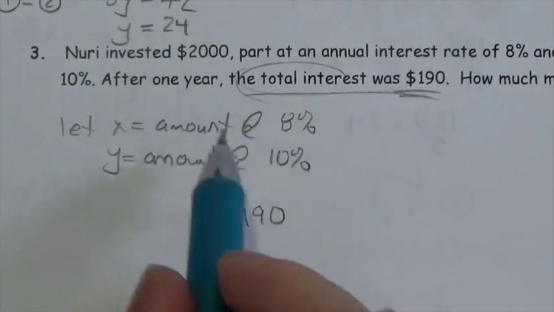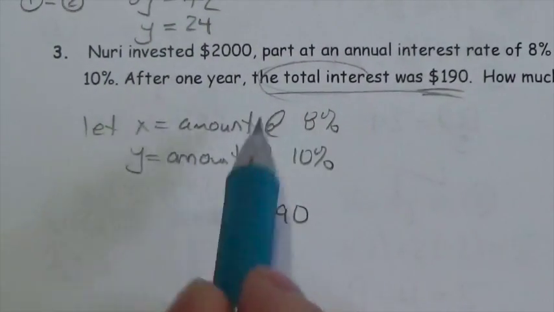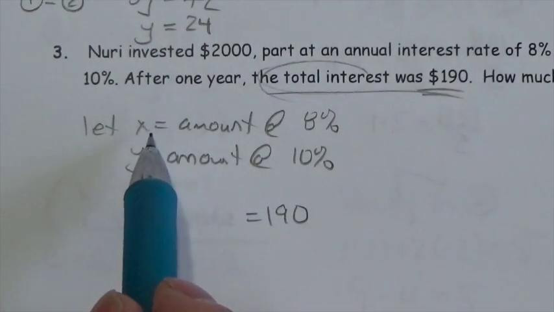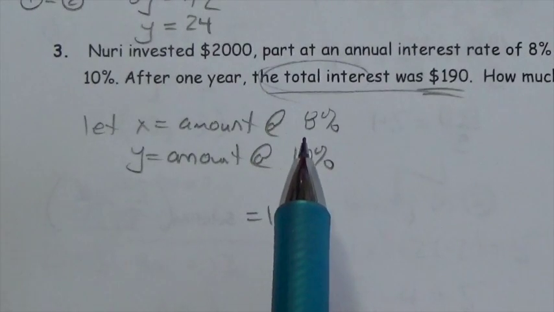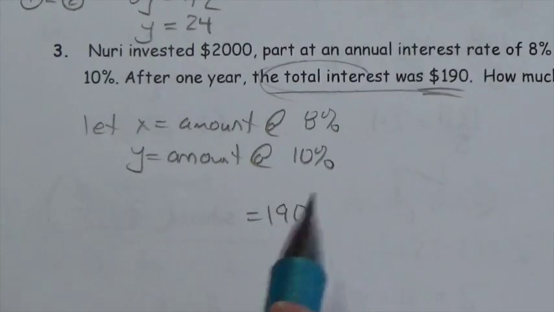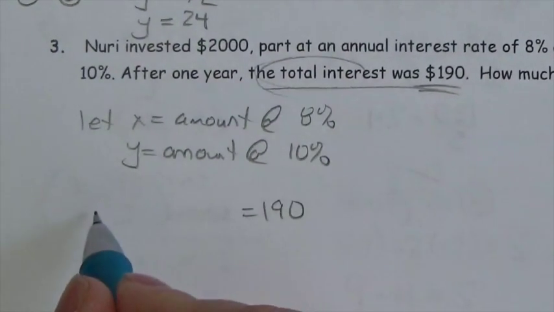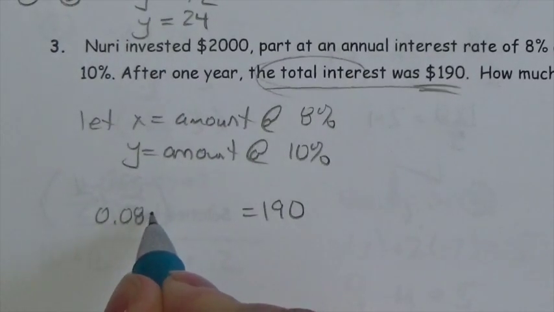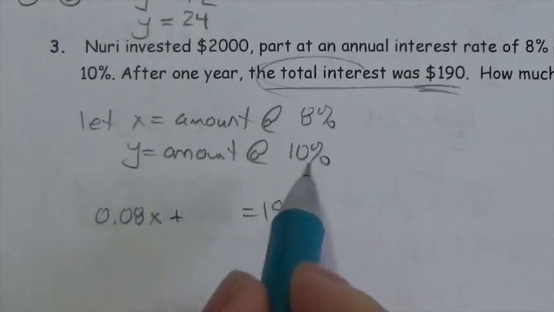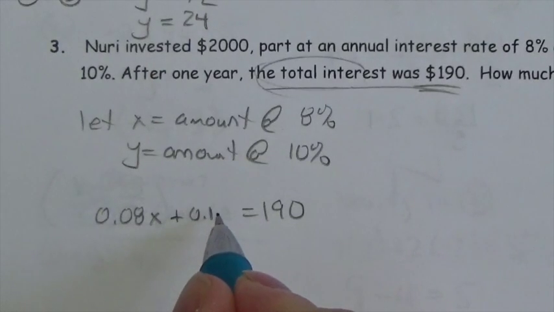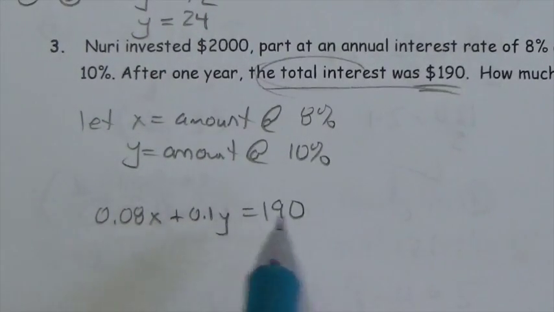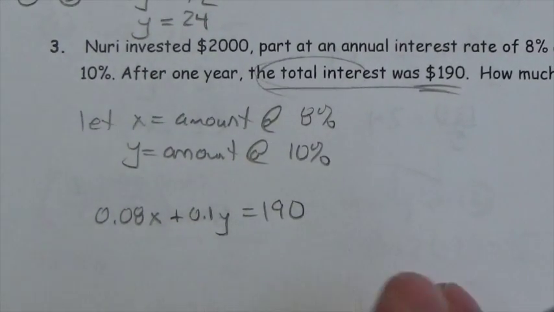The amount of interest I got out of this first one is not x. X is the amount of money. If you want the interest, you have to multiply that by the percentage. So it's going to be 0.08 times x plus 0.1, or 10%, of y. That's going to equal 190.